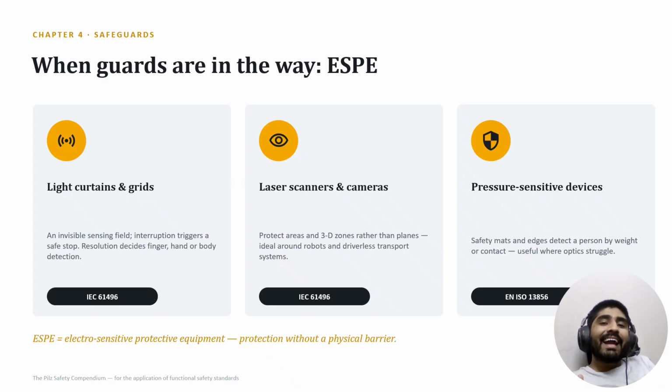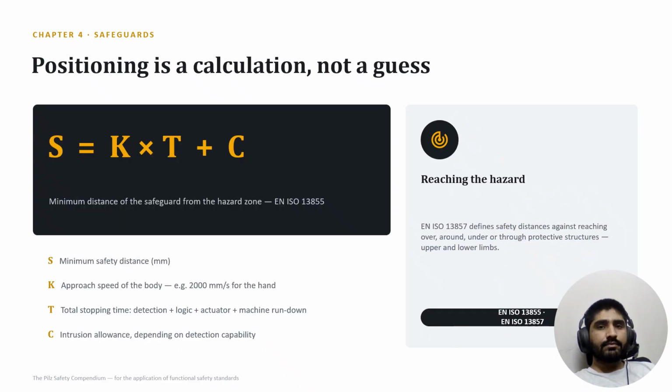Finger and hand detection needs fine resolution, whereas guarding larger areas tolerates coarser resolution and demands clever zone design. A light curtain only protects if the machine can stop before hands arrive at the hazard. That is why positioning is a calculation defined in EN ISO 13855.